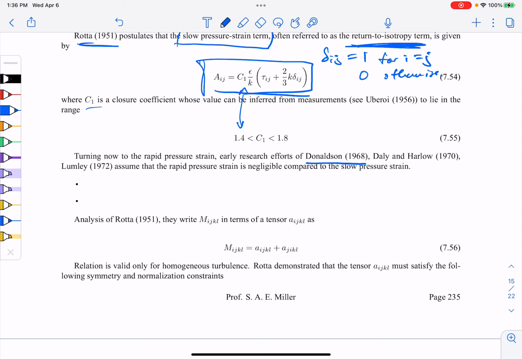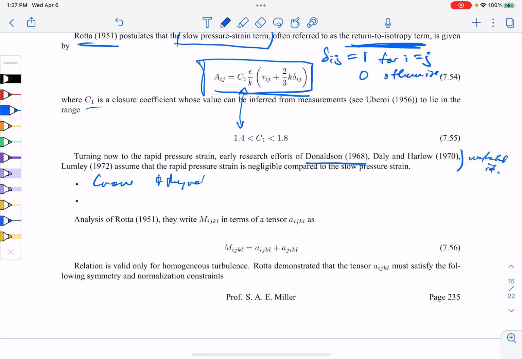And that's one viewpoint. On the other hand, Crow and Reynolds gave simple examples of turbulent flows for which the effects of the rapid strain term far outweigh the slow term. So these authors neglected it, and I don't think that was a good decision other than for convenience. So let's write Crow and Reynolds.